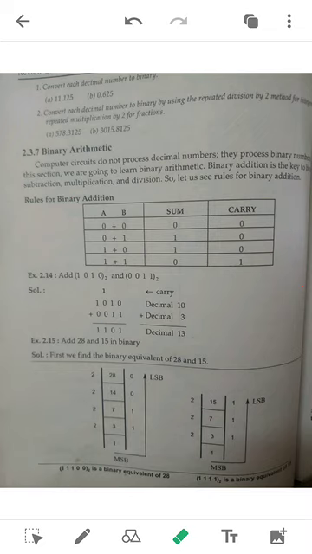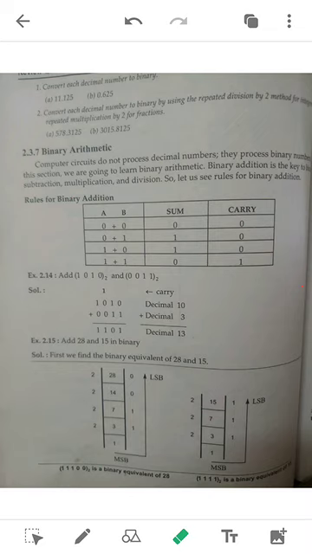You will get 11100, the binary equivalent of 28, and 1111, four ones, the equivalent of decimal 15.